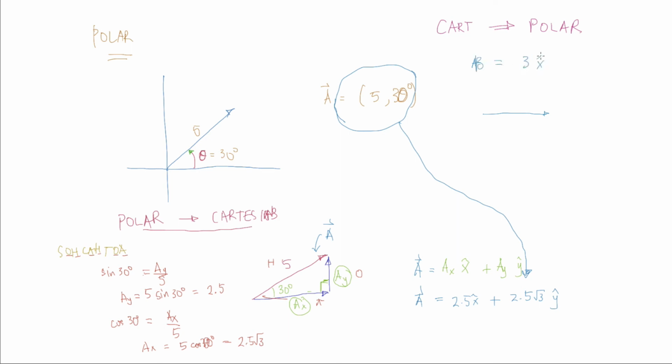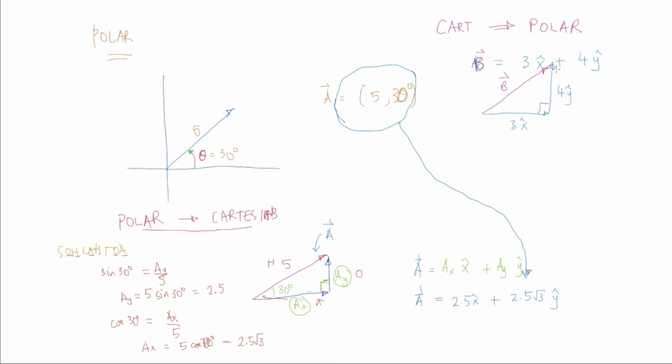It's 3x hat plus 4y hat, which means that this vector can be made up of 3x hat and 4y hat. I'll just draw the results in here, which gives me vector B. Left out the vector sign there, and this is a right angle.